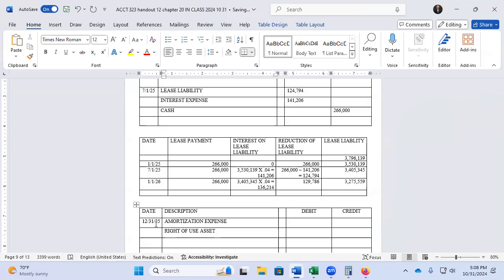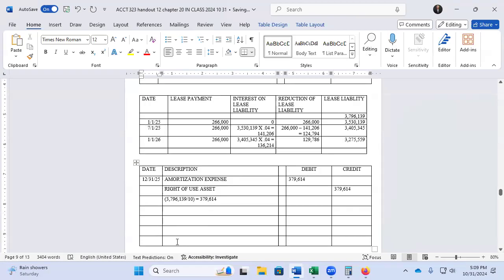And that amount, because we do this straight line, 3,796,139. We divide that by 10 and we get 379,614 approximately. So that's our debit, 379,614.